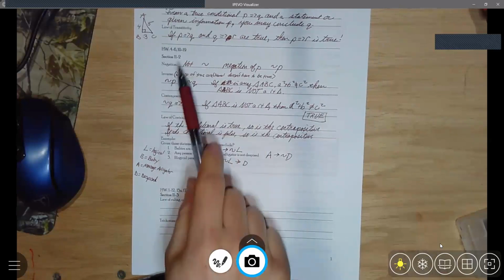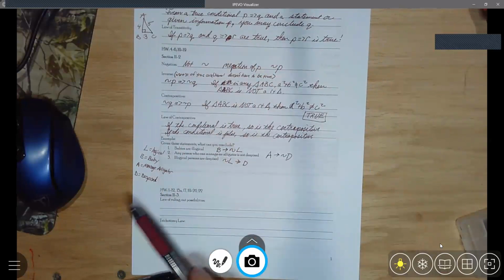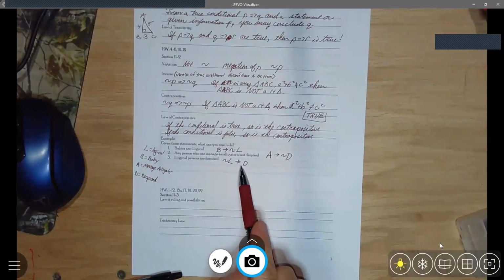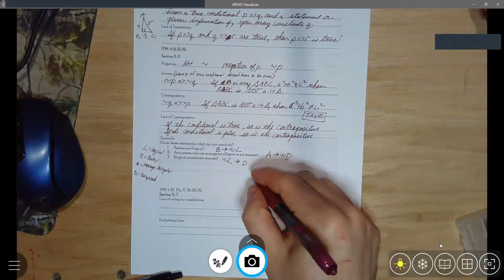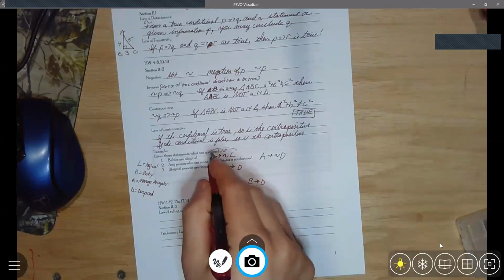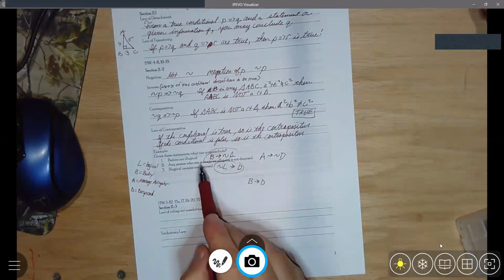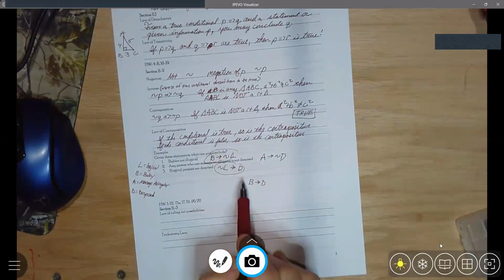Transitivity: if P implies Q and Q implies R, then P implies R. So here we have B implies not L, and not L implies D. So that means we can conclude from these two statements that B implies D. We're taking these two statements, and they're combining to this one through transitivity. If P implies Q and Q implies R, then P implies R. So that's how that works.